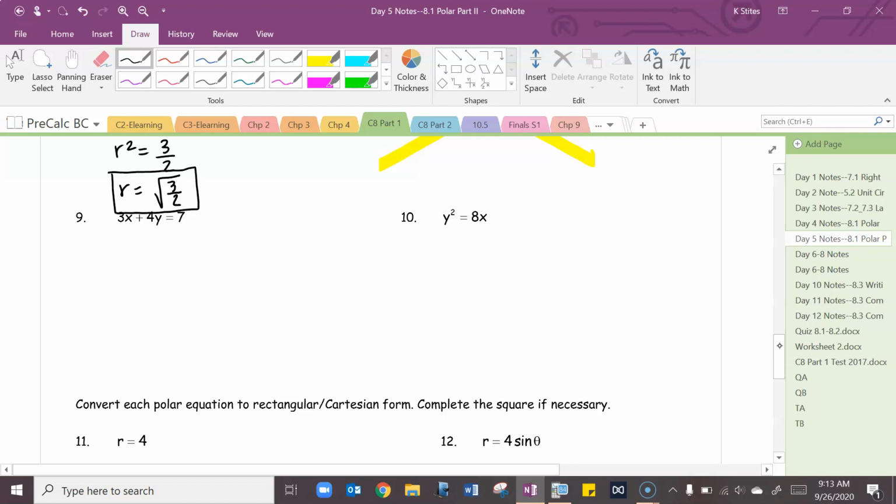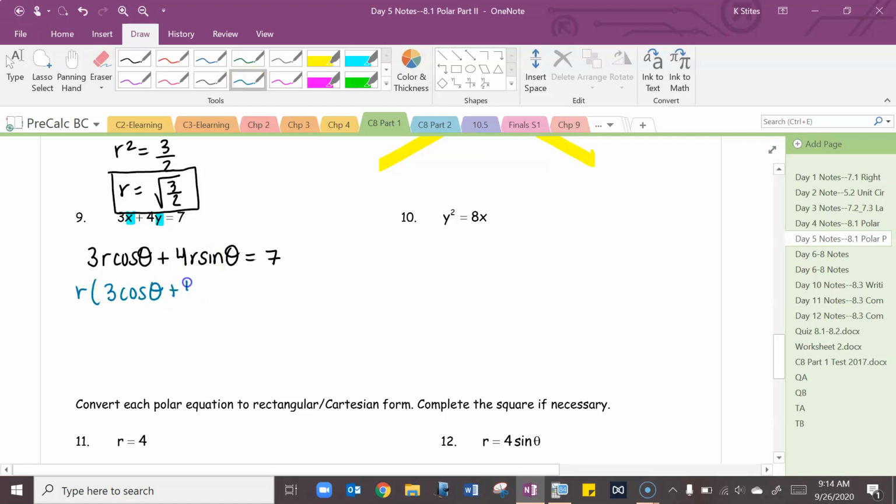All right, so now number 9. Here we have x's and y's. We can go ahead and use our r cosine theta and r sine theta for this one. So x again is just r cosine theta and y is r sine theta. And then what we can do with this one is factor out an r.